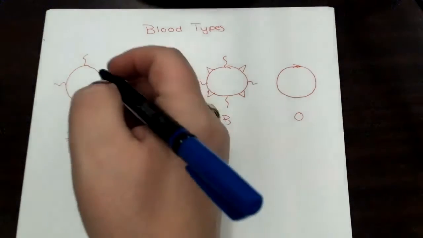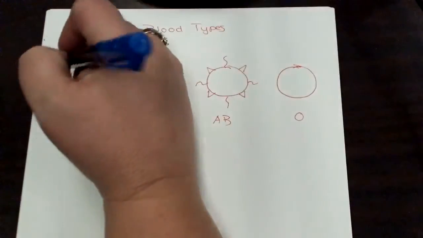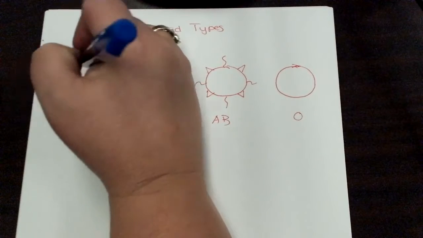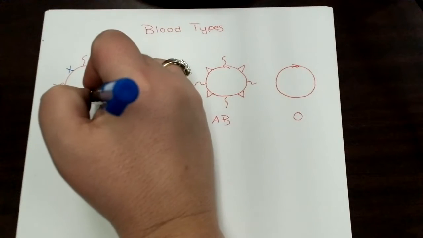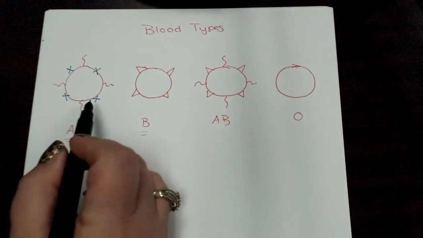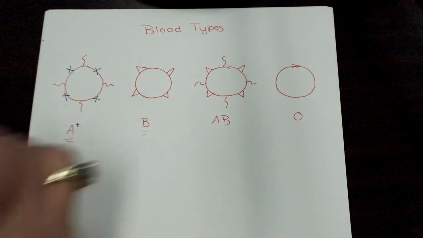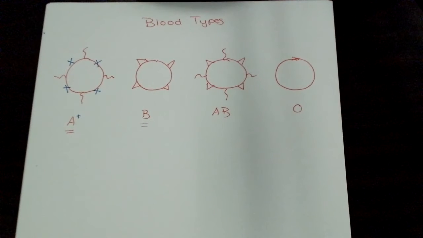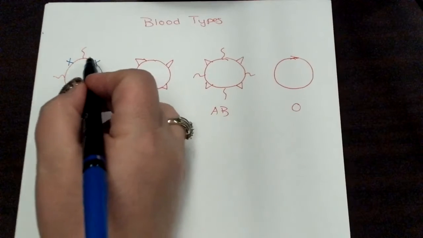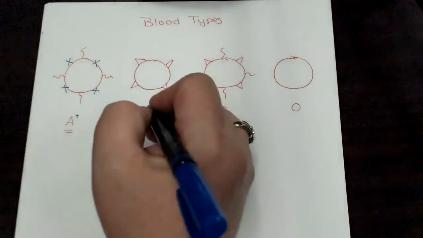So let's just say that we're going to do the RH factor as, I don't know, let's do it as a little X. So this guy has A, he also has the RH factor, so that means that he is A positive, okay? This guy is B, but he doesn't have this little X on his, so that means he's B negative.